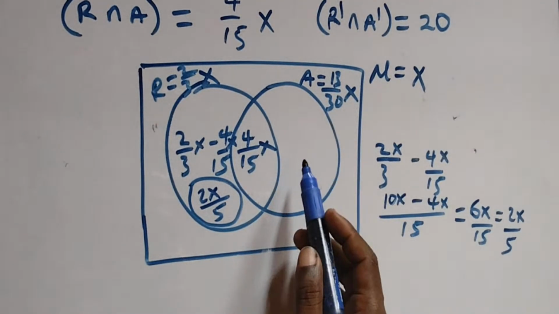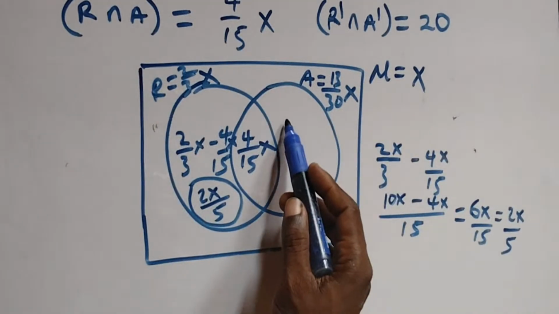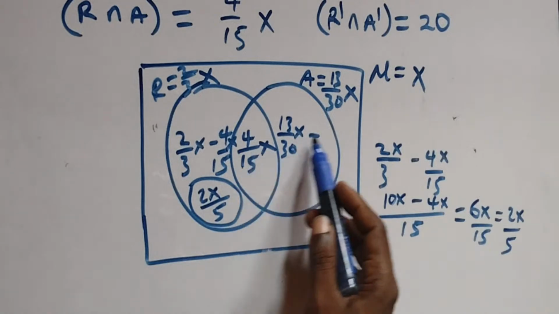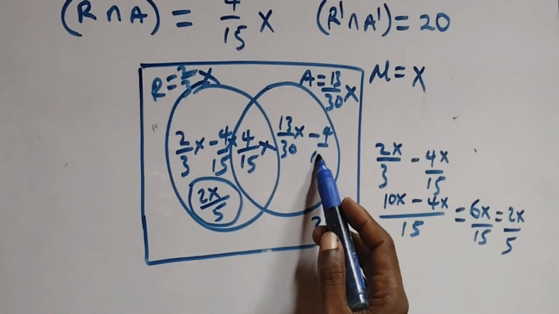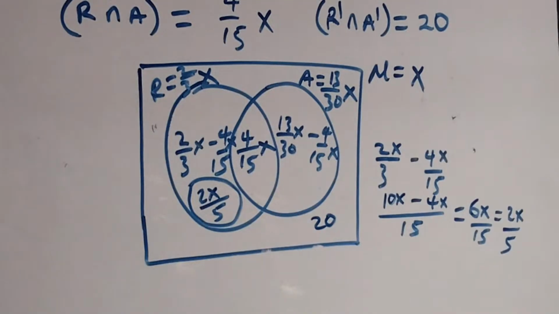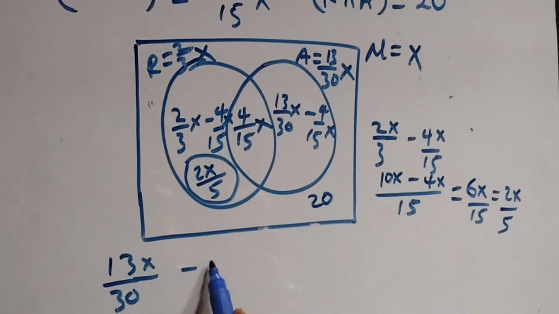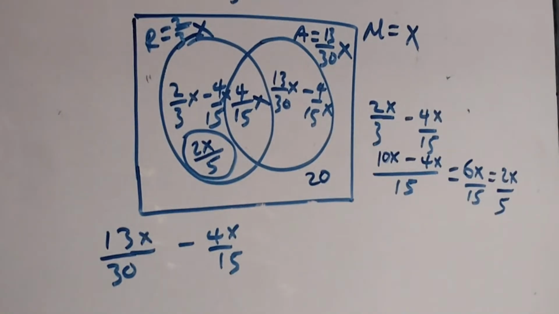And also by air only, it's going to be everything here, that's 13 over 30 x minus 4 over 15x. So simplify this as well. So we have 13 over 30 x minus 4x over 15. Also bring it together.